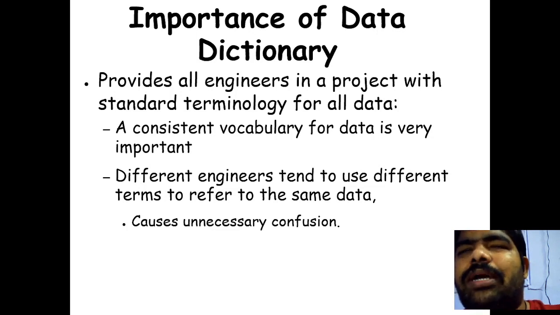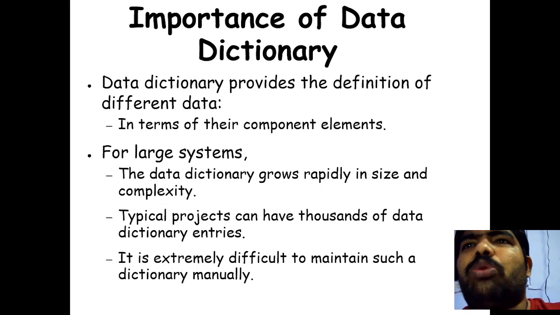Different engineers working with that system can refer to the same data. So in a project, in order to store the data, share the data, or access the data, we use this data dictionary. This is the importance.